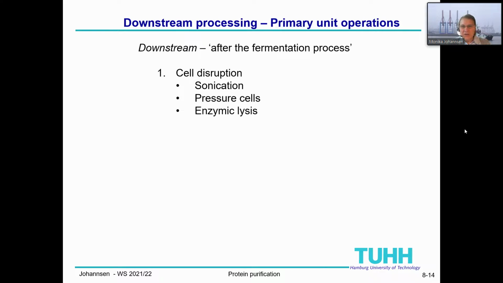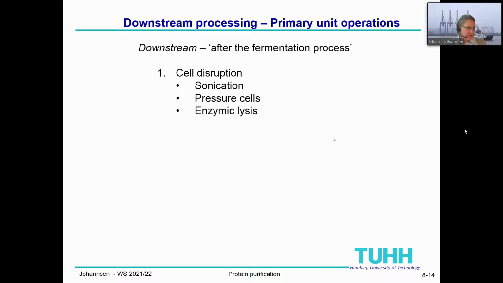Okay, so the downstream processing, right now we can classify into primary unit operations and secondary unit operations. The primary unit operations are shown here. They are downstream, and downstream means after the fermentation process.